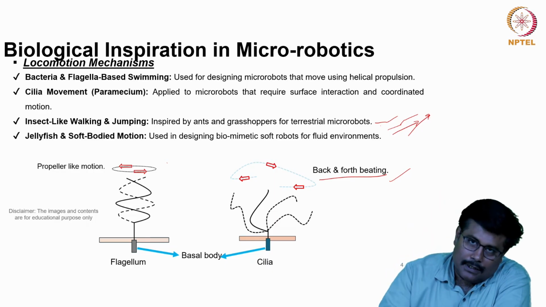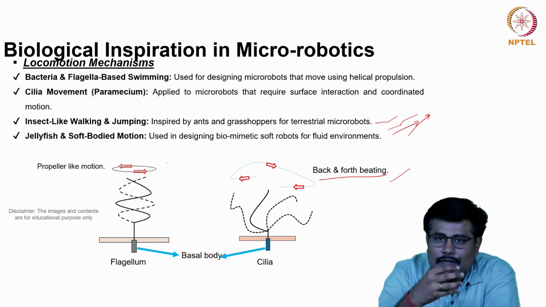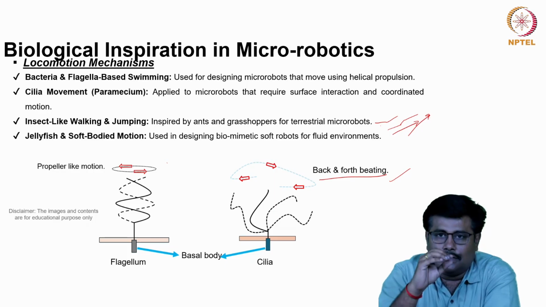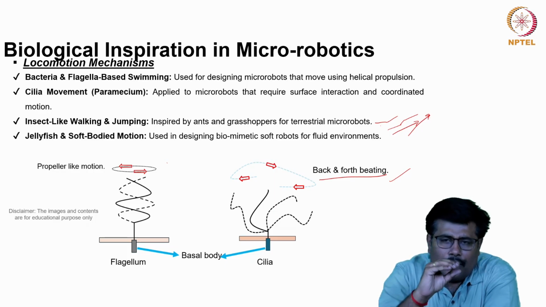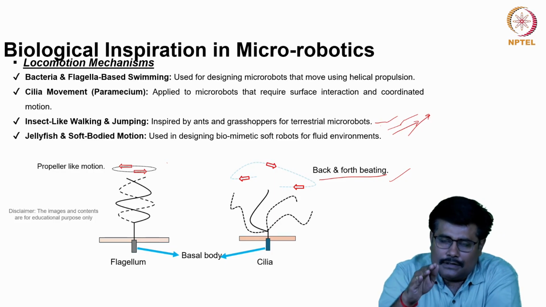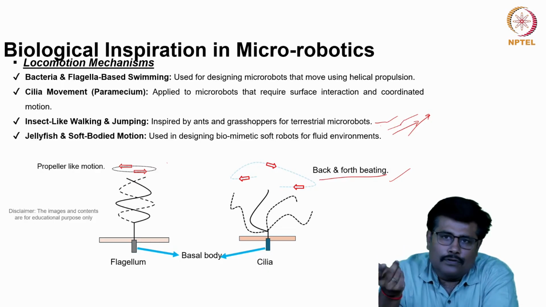If you closely observe a jellyfish, the jellyfish has a tentacle kind of structure. These tentacle structures are very soft, lightweight and flexible. They are capable of creating a push force or a pull force appropriately.